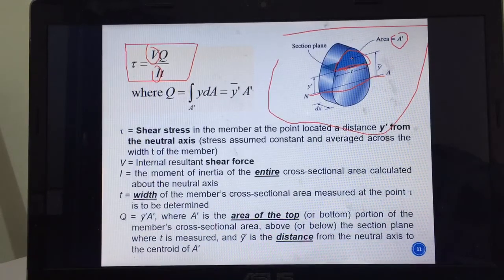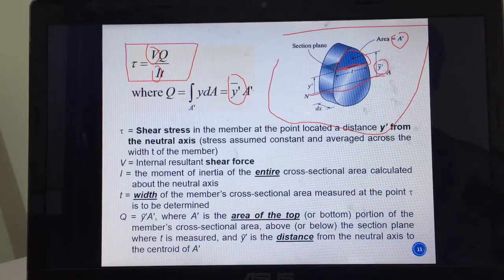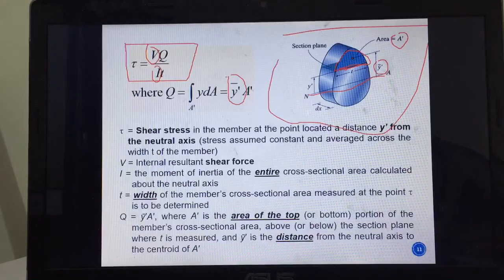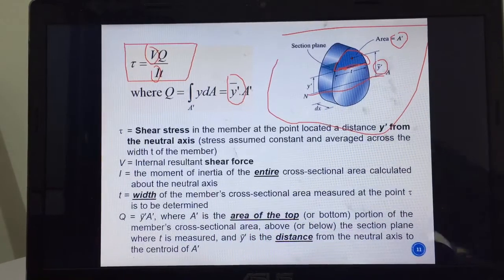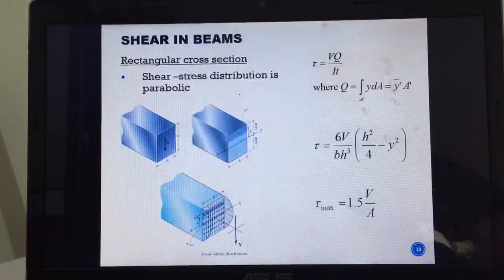The distance from its centroid to the neutral axis we call y bar prime, and A prime is the area of the other portion. So this is how you use this shear formula.